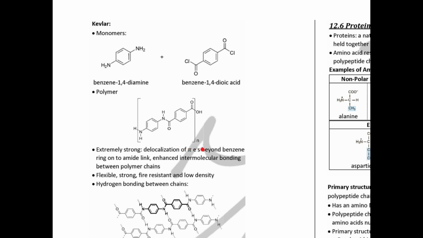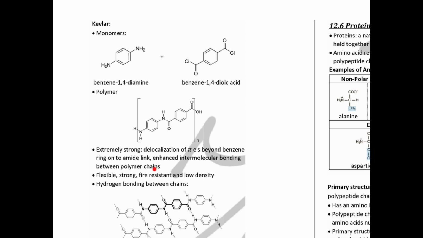Delocalization of pi electrons. Pi electrons are available in the benzene ring, and beyond the benzene ring on the amide link. So they can move in the benzene ring and delocalize to the amide bond and then delocalize here and keep continuing, in other words moving everywhere. This enhances intermolecular bonding between polymer chains.